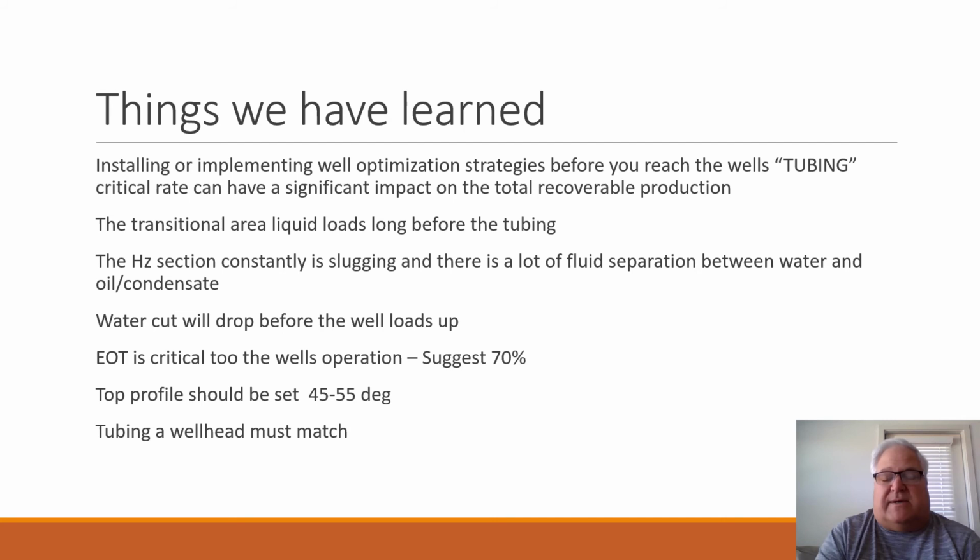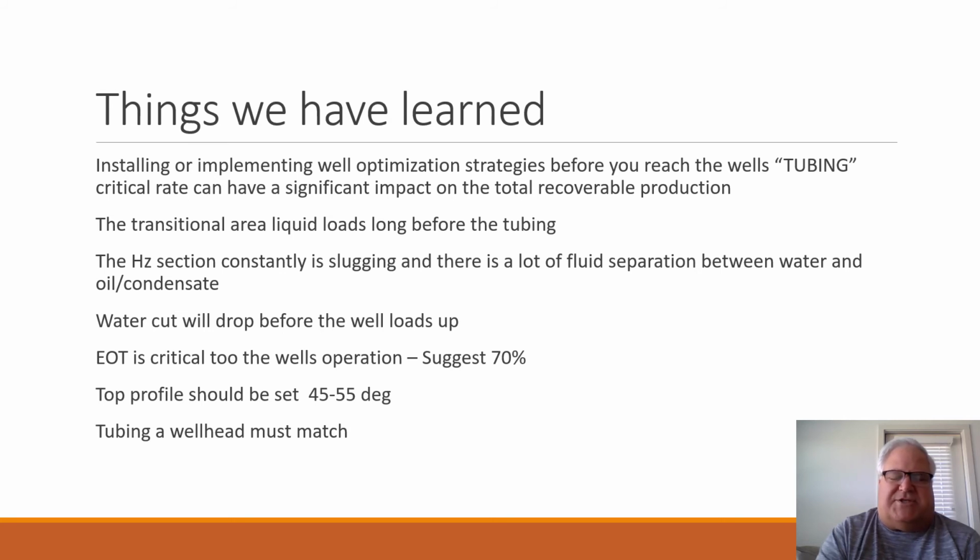Top profile, I've always believed that you should have that top profile, which is where you would land a plunger lift, in that 45 to 55 degree area. You can go deeper. There's typically not a lot of advantage though, because your true vertical distance between say 70 degrees and 55 is practically nothing, and you don't get a lot of advantage.